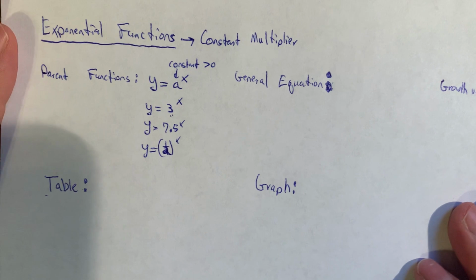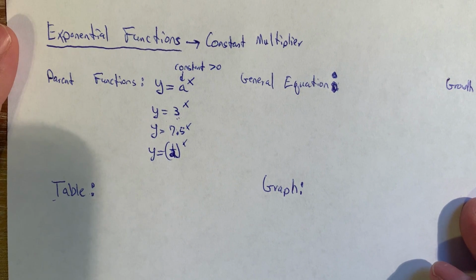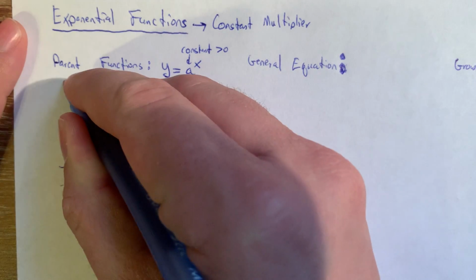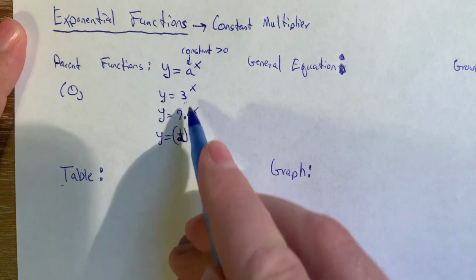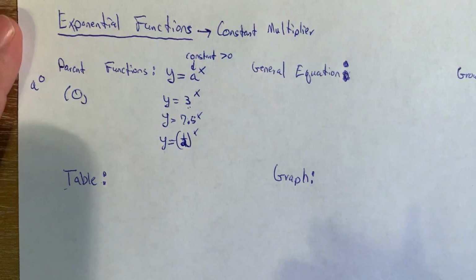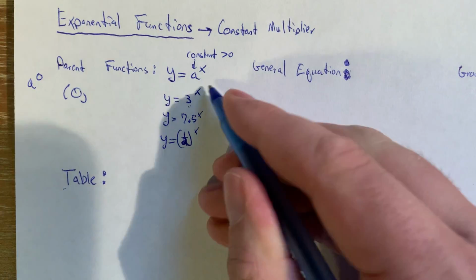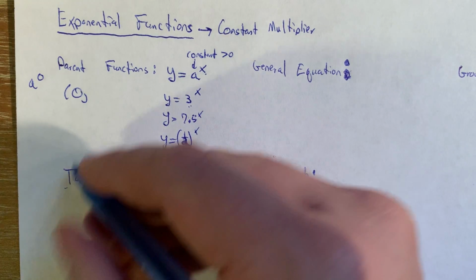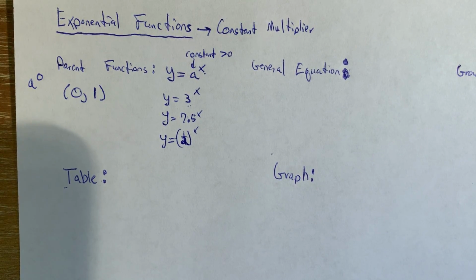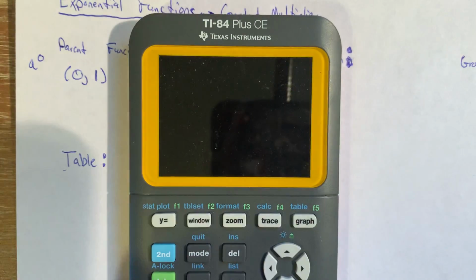And one thing that all of these parent functions are going to have in common is they will all have the same point. And that point is when x is 0. Anything to the 0 power, we should know from Algebra 1, anything to the 0 power is what? Well, hopefully we remember that it is 1. Anything to the 0 power is 1. So we're going to use a calculator, guys.